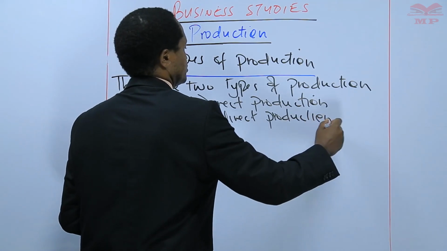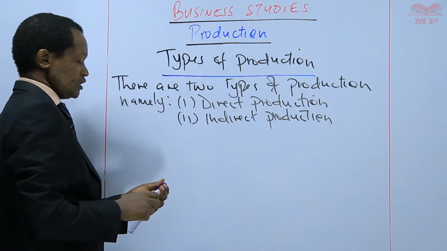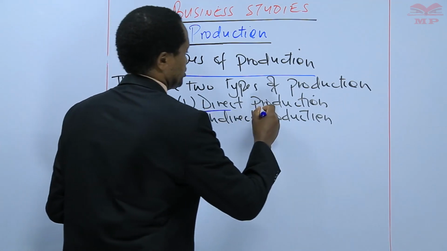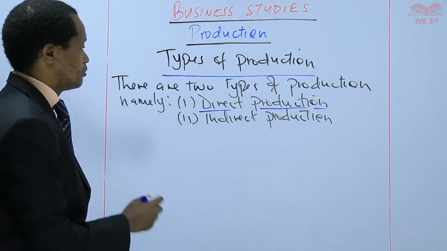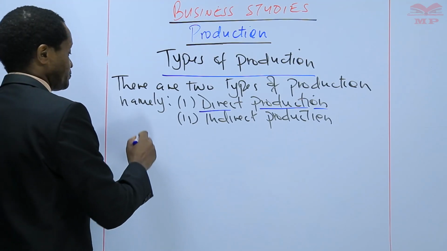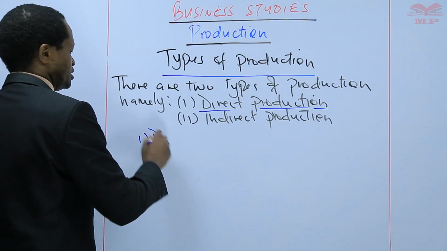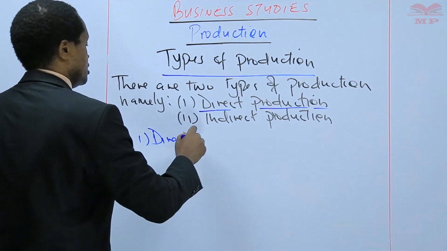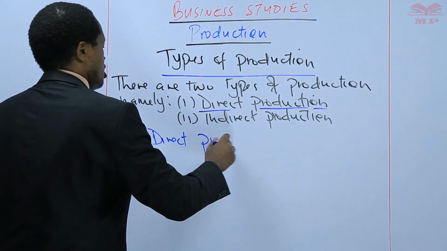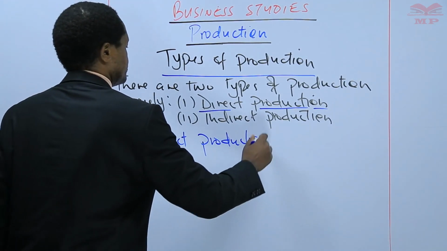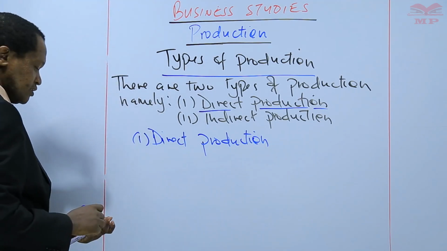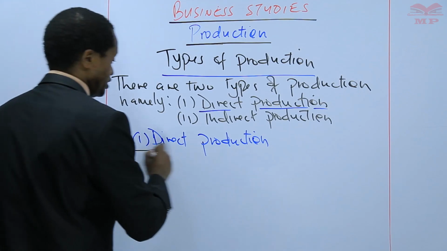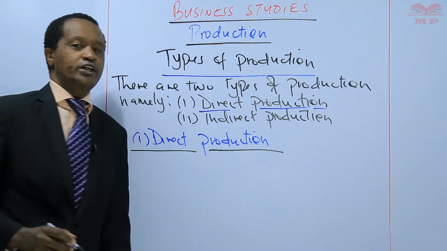In this lesson, we will focus our attention on direct production. Then in the next lesson, we'll study indirect production. So we have one, direct production. What is direct production?